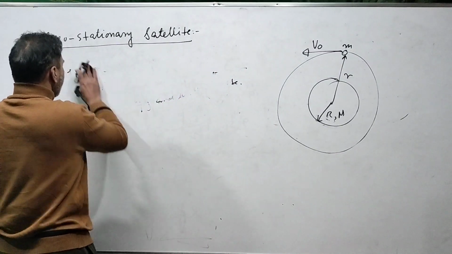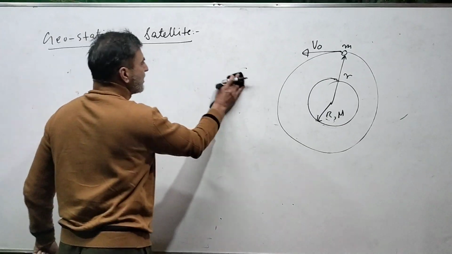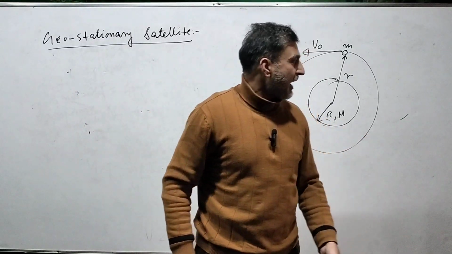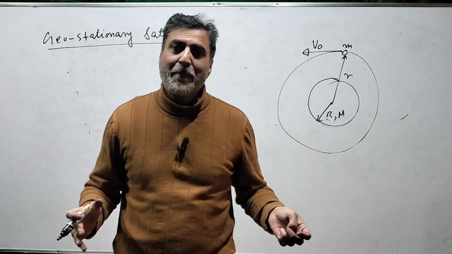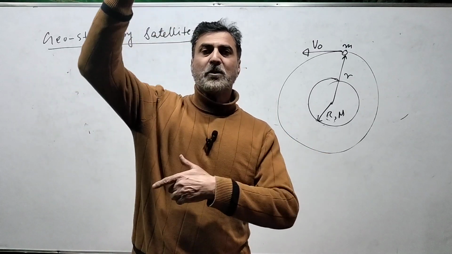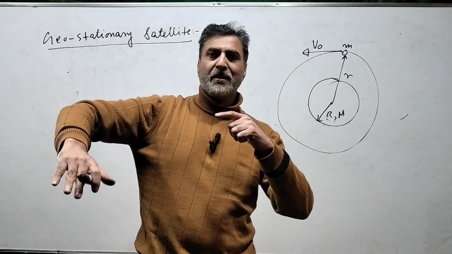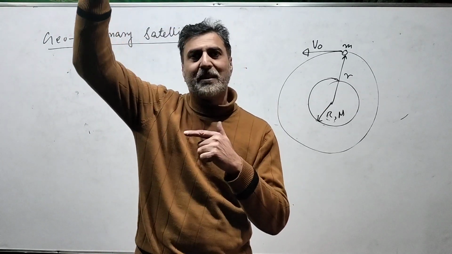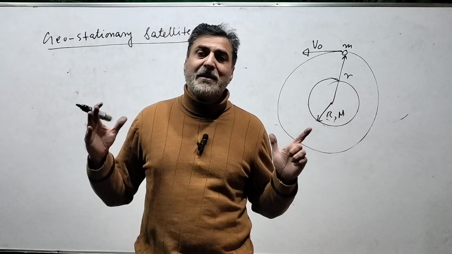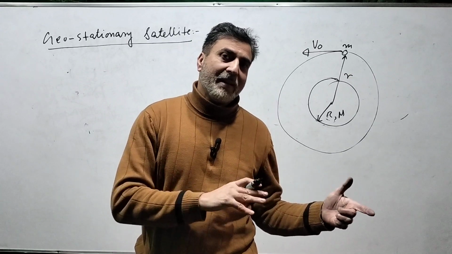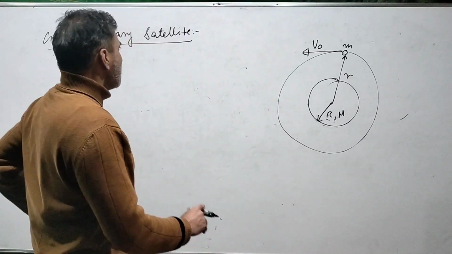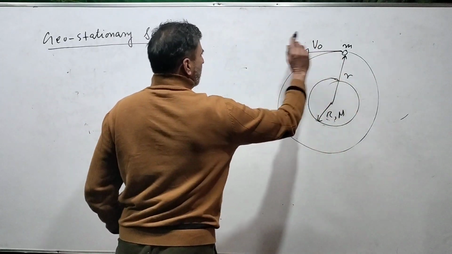Now, let me go to a different point. At what height should this geostationary satellite be launched so that it has the same time period as that of the Earth? Because at different positions, the time periods of satellites are different. So we have to have a particular position so that its time period is 24 hours. How to do it? It moves in a circle.